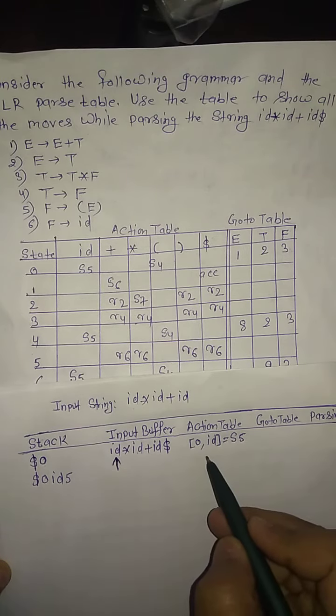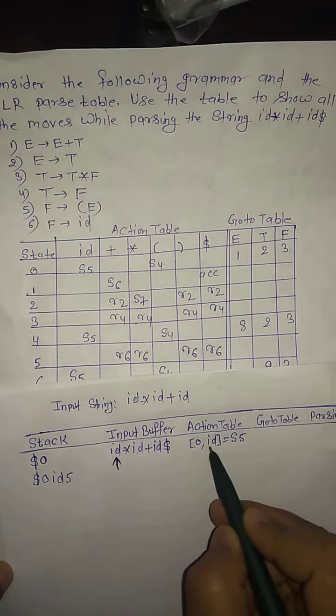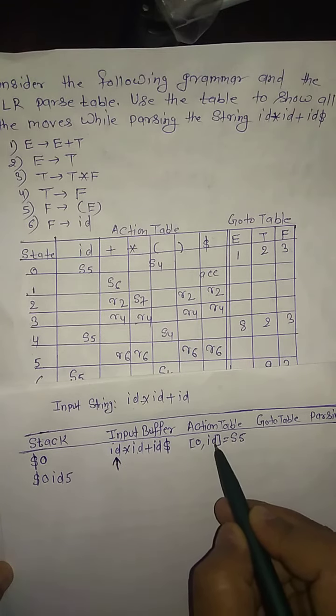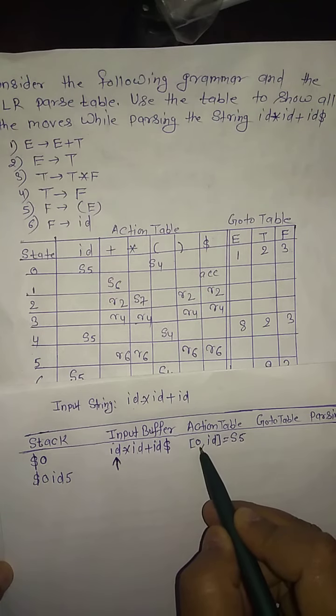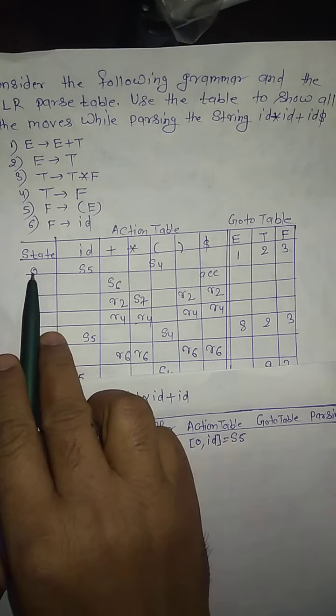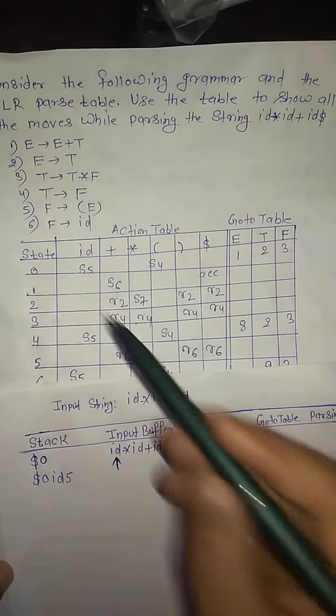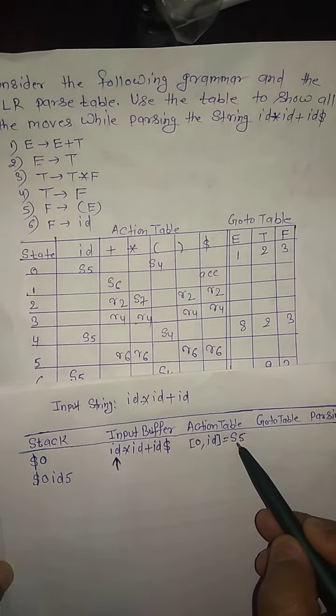Again I repeat: in the action table you have 0 comma ID, we go to the parsing table and see the 0th state and ID column, which gives S5.